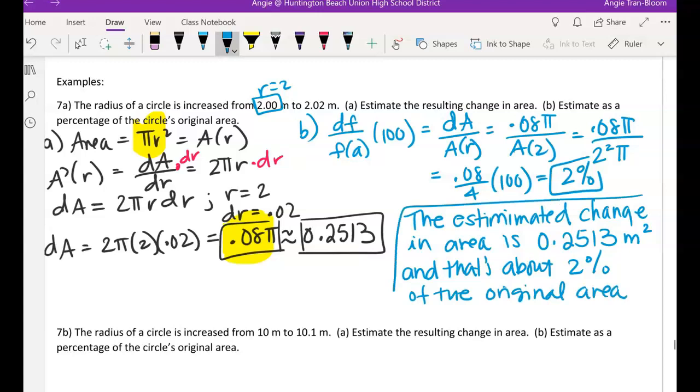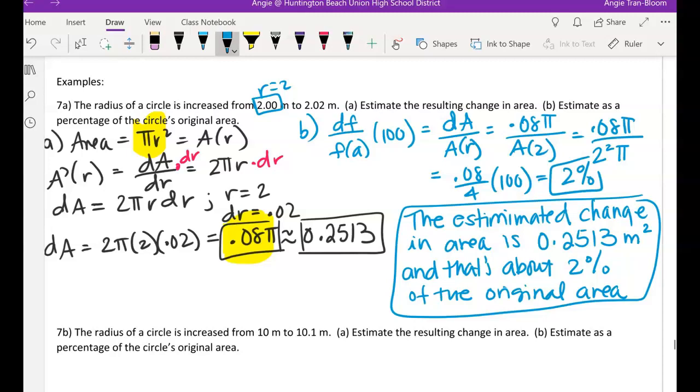Box it up. There you go. So as you can see, the change doesn't look like a big number, 0.2513. So as you can see, it is 2% of your total original area.